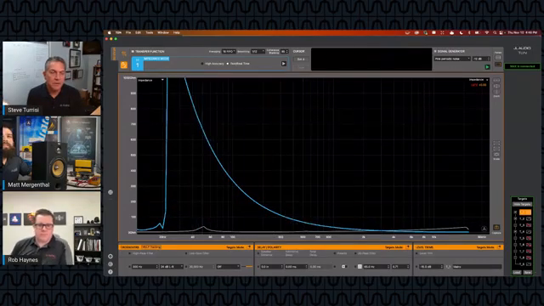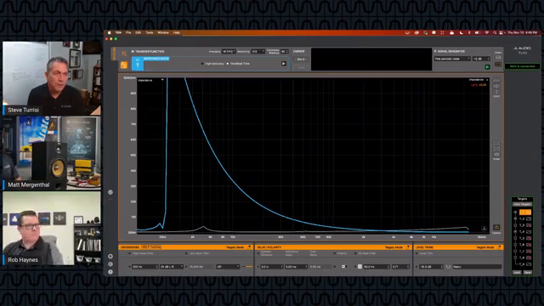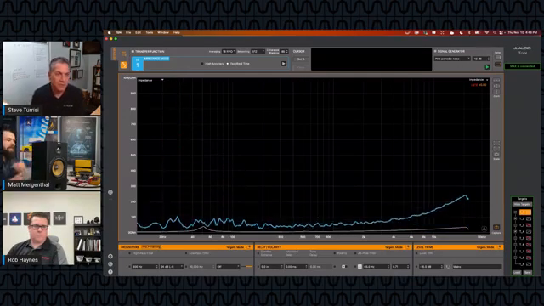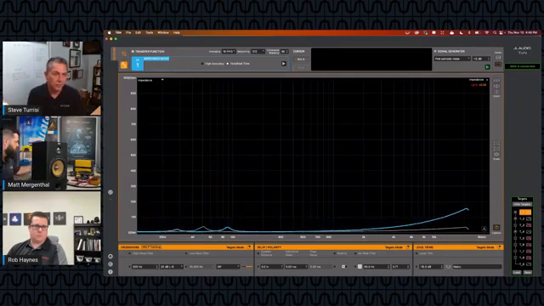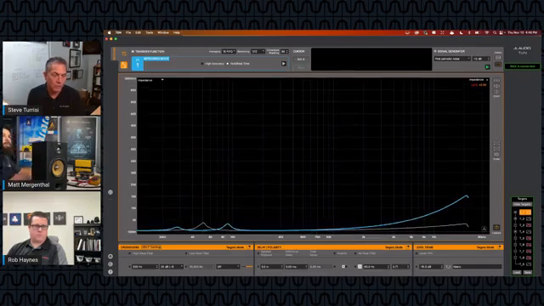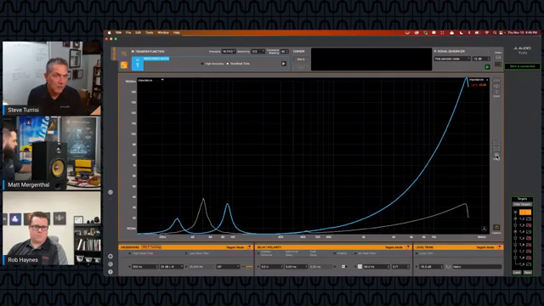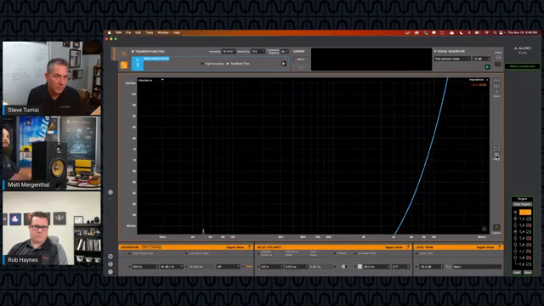Cool. So actually, Matt, can you go back to the woofer measurement? It's a great illustration of sealed and ported and how the resonance is different, and it's not necessarily good or bad. It's just the visibility of the differences I wanted to show. Change the scale a bit. There you go.